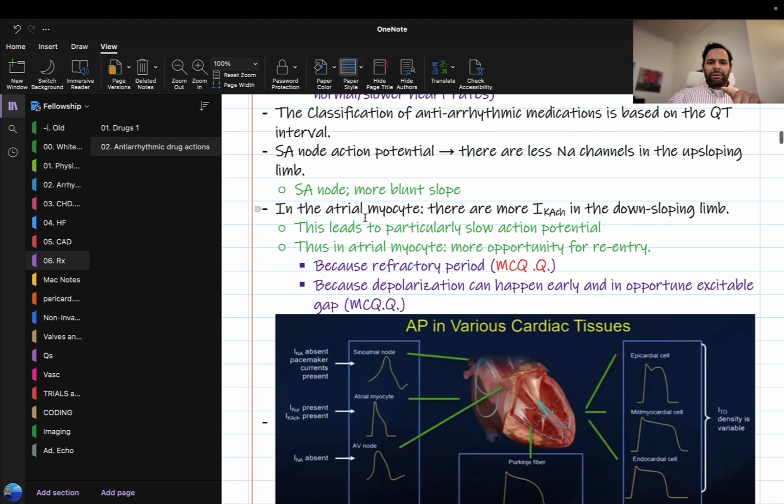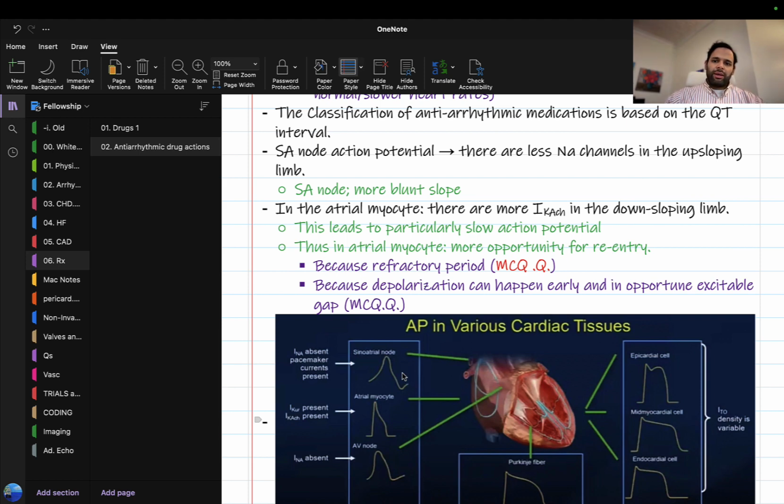In the atrial myocyte, there are more catecholinergic potassium IKACh channels in the downsloping limb. So this leads to a particularly slow action potential, both in the up and the lower slopes. And then it gives you this upsloping refractory period in phase 4, and that leads to automaticity.